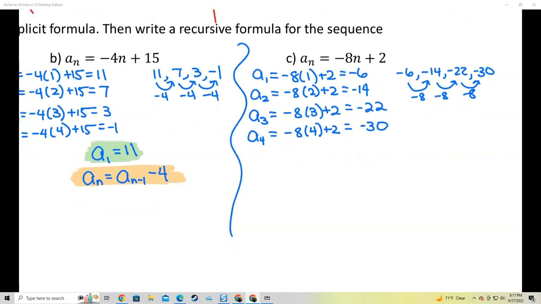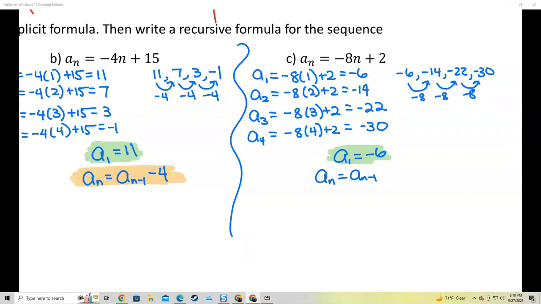All right, how do I write the formula? Well, I need 2 parts to it. The first part is write down the first term. My first term in this case was a negative 6. That takes care of half my formula. Second part of the formula is I need to write what's happening to the previous term. So to get the nth term, you need to take the previous term.